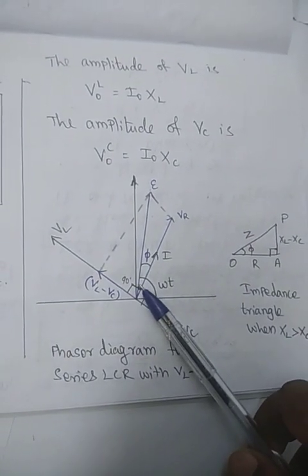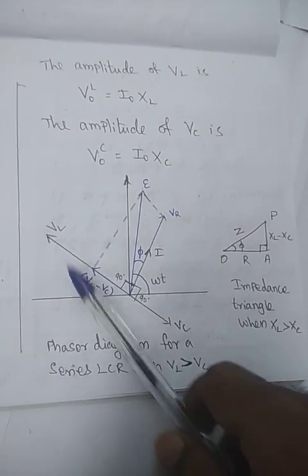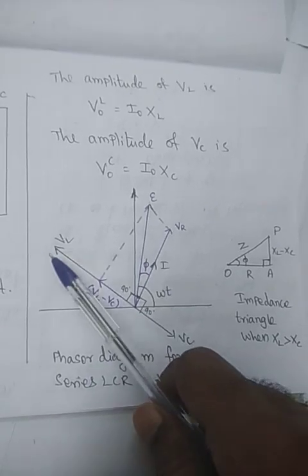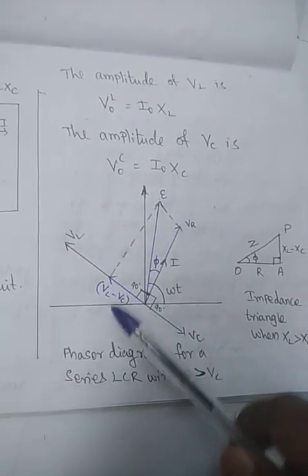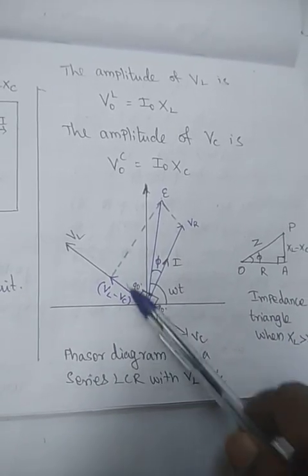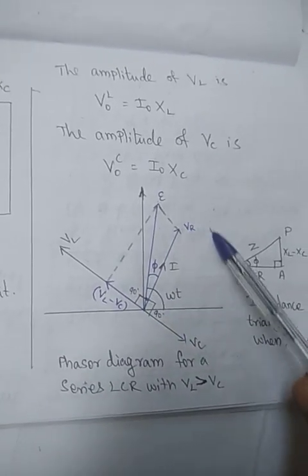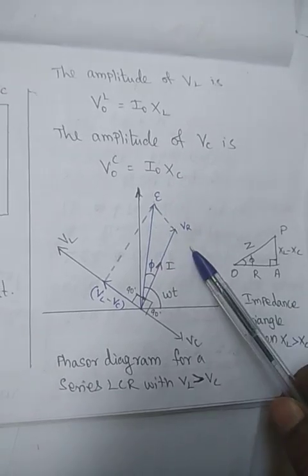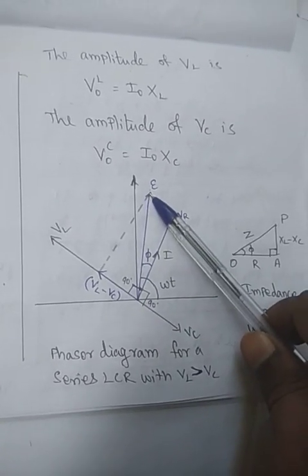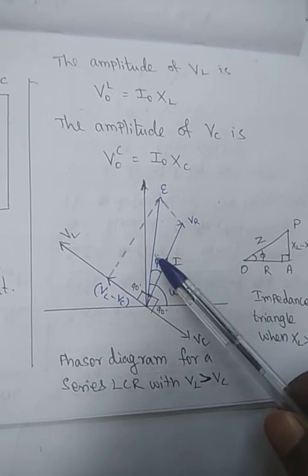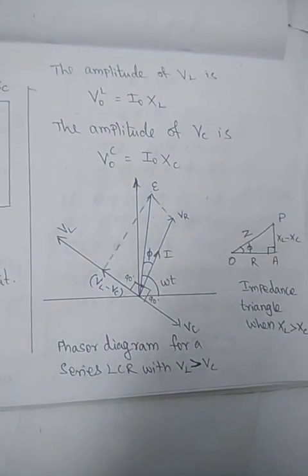Then we take the resultant vector of VL and VC. VL is greater than VC, so it will be along the VL direction. So VL minus VC is one vector and VR is another vector. By the parallelogram law of vectors, the resultant vector, the EMF, goes in this direction, making an angle phi with VR.